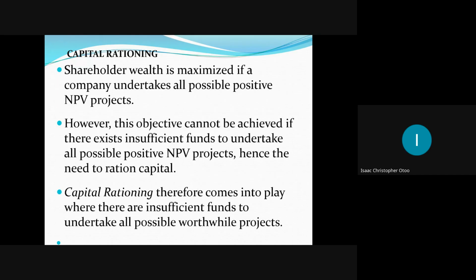We do that because we don't have enough funds to invest in all. So making good use of insufficient funds to undertake projects is called capital rationing. Capital rationing therefore comes into play where there are insufficient funds to undertake all possible worthwhile projects.